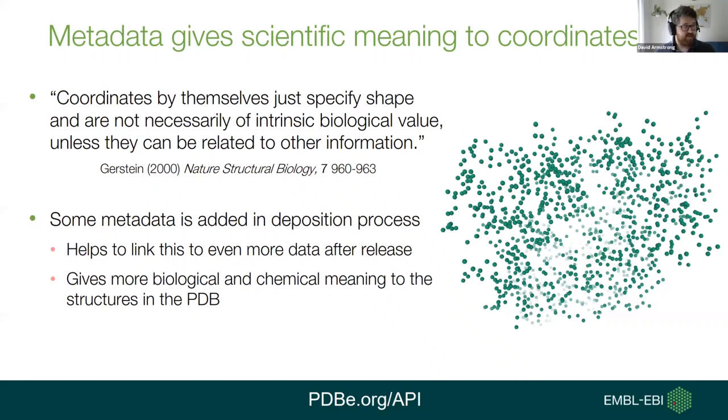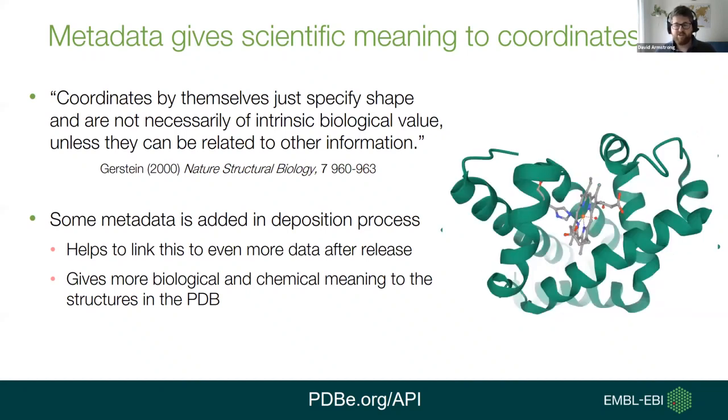So obviously some of this is done through deposition, but the rest of it we do during the release of the data, to make it available on our website. So for instance, on the right here, we're turning something which is just individual atomic coordinates to something which becomes a bit more representative of what is going on with a ligand bound to a protein and an interacting residue shown. We do this in a lot more detail through our processes.